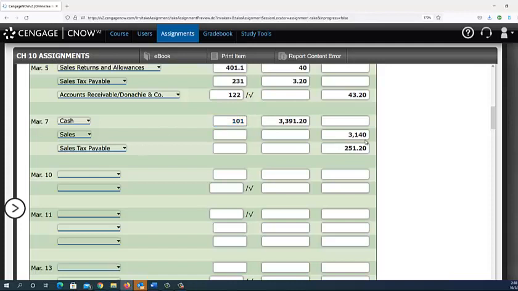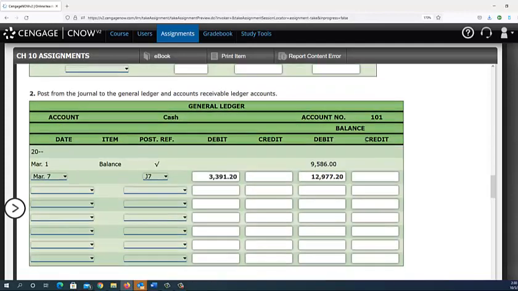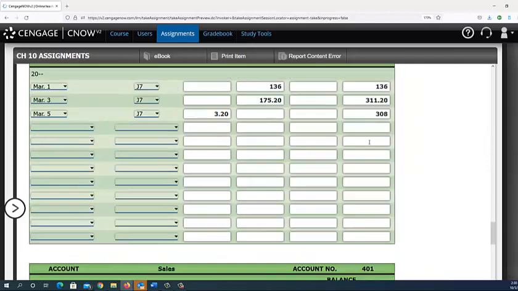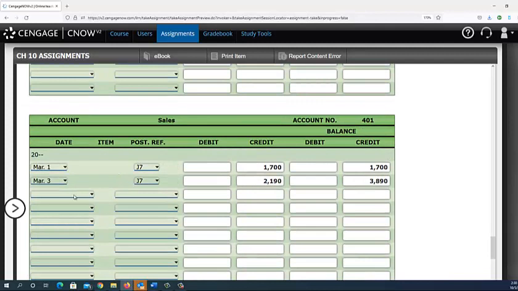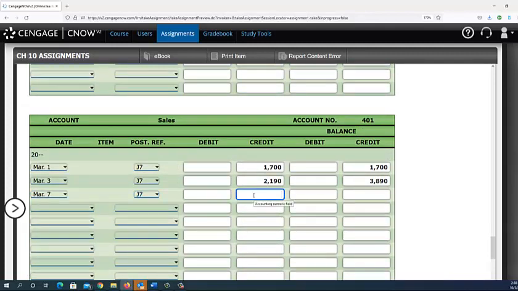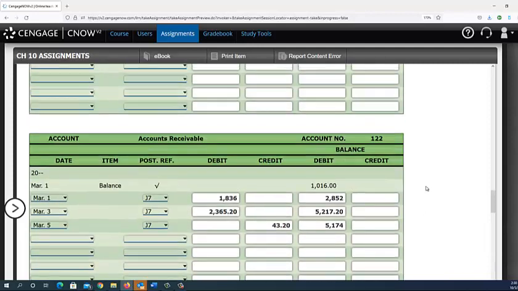The sales gets a credit of $3,140. Okay, so we have a balance in sales now of $7,030.